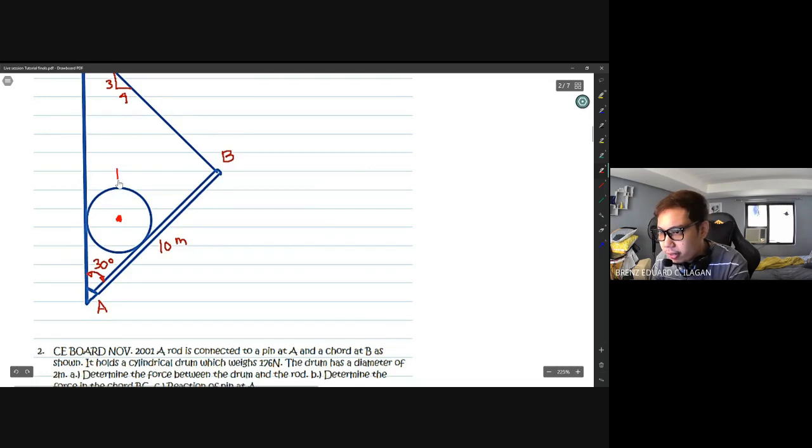So meron kasi ditong weight, 176 Newton. Wait lang ha. Nagbabagal na naman yung ano. I-reopen ko lang. Naglalag kasi yan pag marami na asulat.